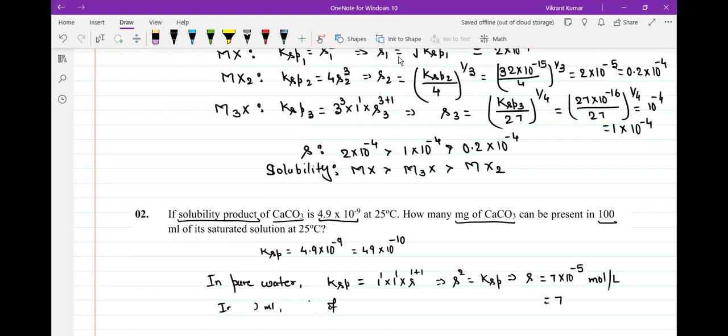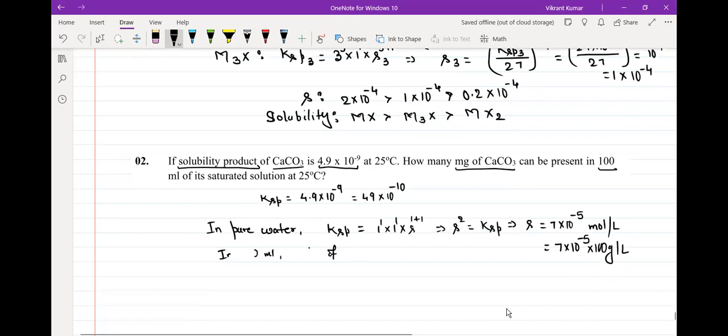So this is 7 into 10 raised to minus 5 into 100 gram per liter. But that is again in liter. So per 100 ml, it will be 1/10 of that. Hai na? So 7 into 10 raised to minus 5 into 100 upon 10 milligram.